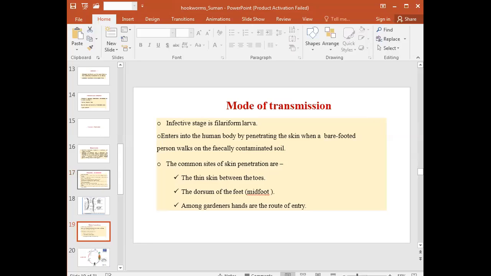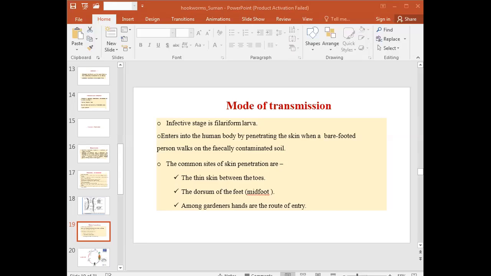Now I'm coming to the mode of transmission. The infective form is the filariform larva. If you look into the life cycle, the eggs are passed through the stool of the infected human. If they come into favorable conditions, meaning moisture, warmth, and shade, as well as clay soil, the larvae hatch within 1 or 2 days and become free living in contaminated soil.